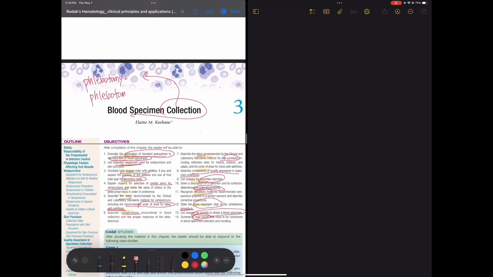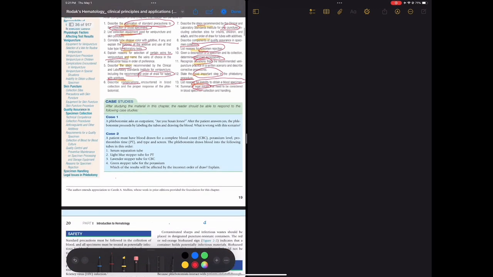A phlebotomist is someone who collects blood. They can be certified to be a phlebotomist in a hospital. In the Philippines setting, the medical technologist can also be a phlebotomist. They can collect blood as well.